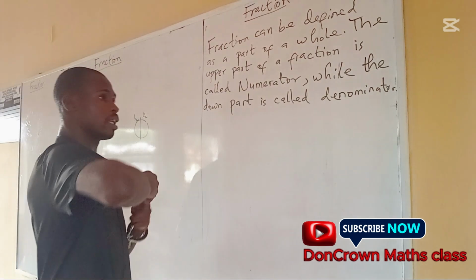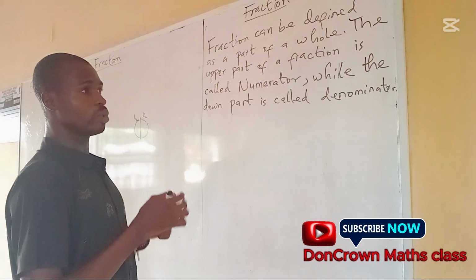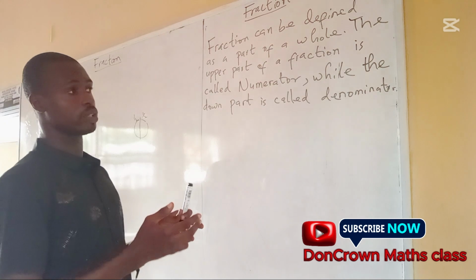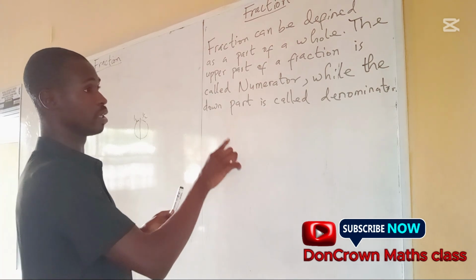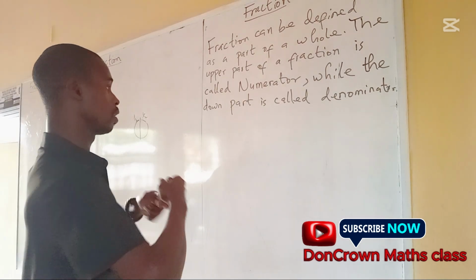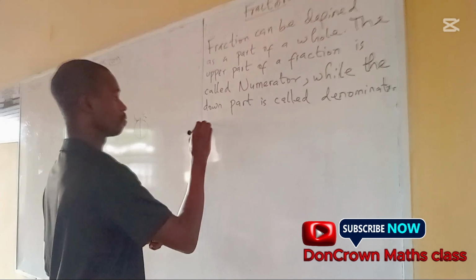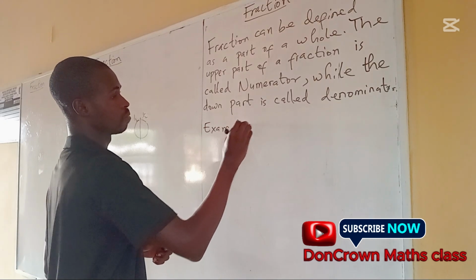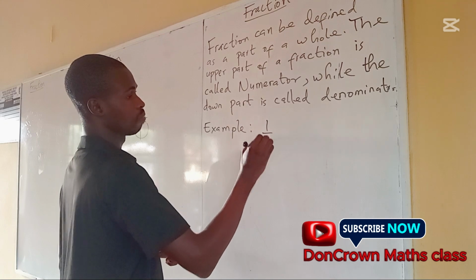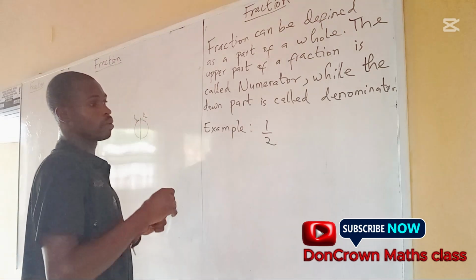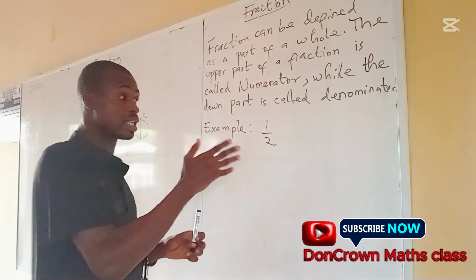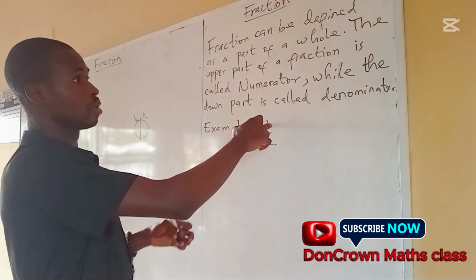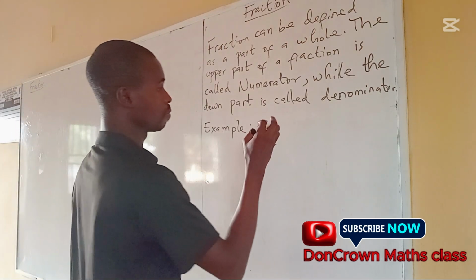Now, this is an example. Let me give you a common example of a fraction, so that I can define the parts of the fraction. This is a perfect example of a common fraction. We have the upper part, which is the numerator.